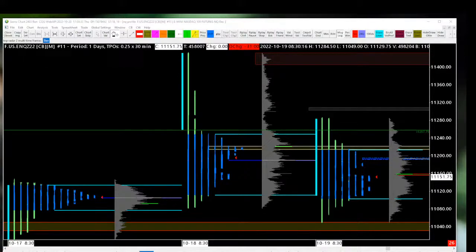I really only mark them if they are within range, if I think that we could actually get there. I'm not going to spend time marking them like 400 points away, but technically you could. Which ones you mark is really up to you. If there's ever a low volume node that's outside of the value area, I will always try to mark that.